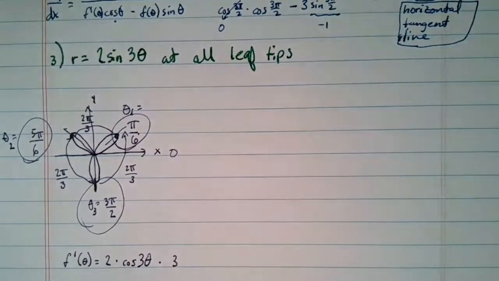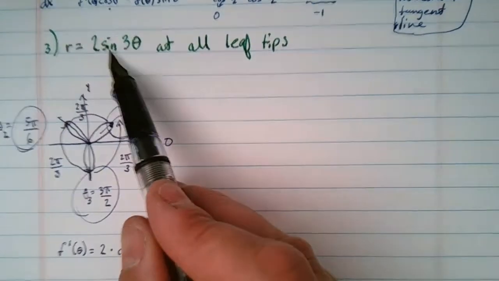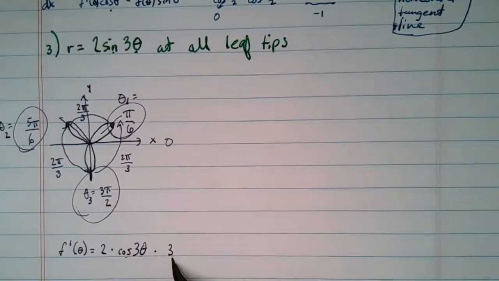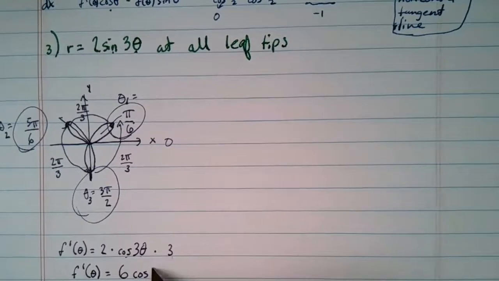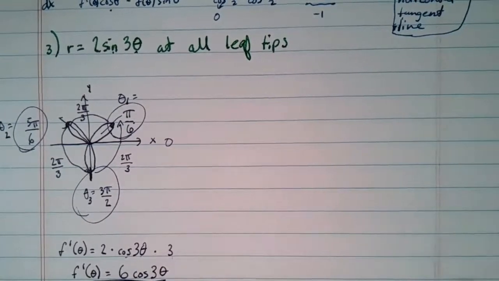That's our good old chain rule. So this is going to be the derivative of sine of u is going to be cosine u times u prime, that inner derivative. So that gives me what? F prime of theta is equal to 6 cosine 3 theta. So I need to know that.